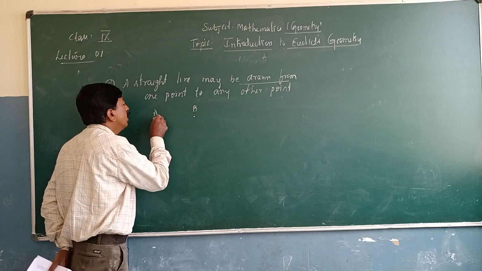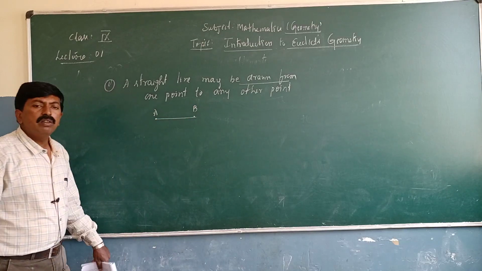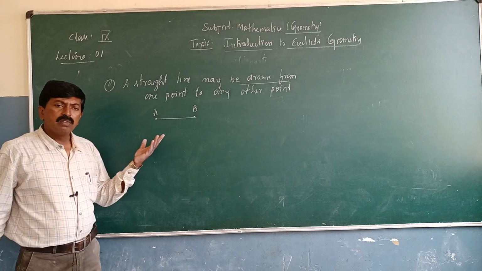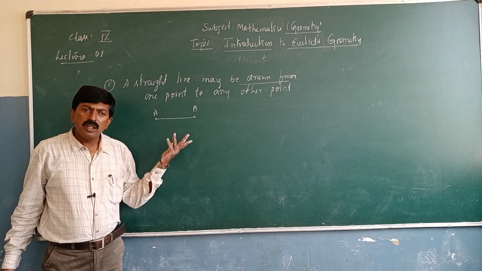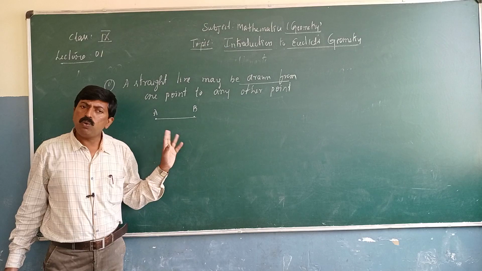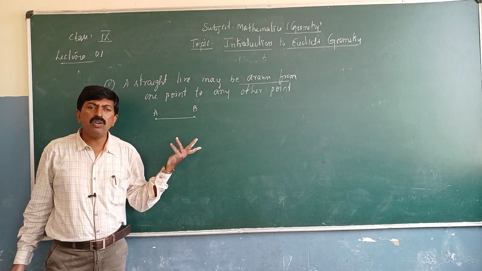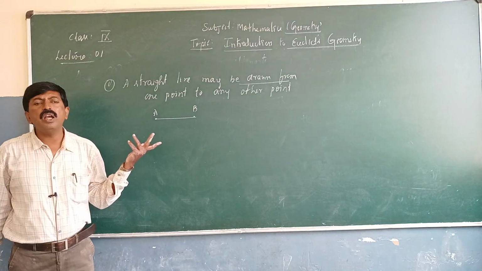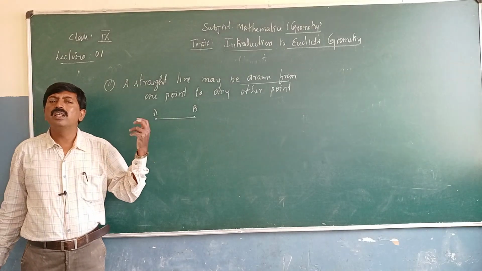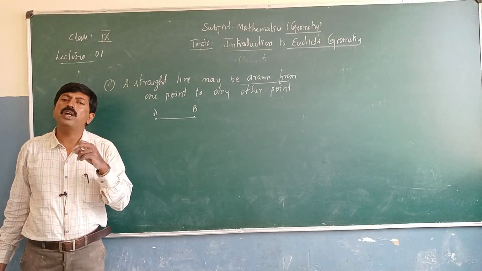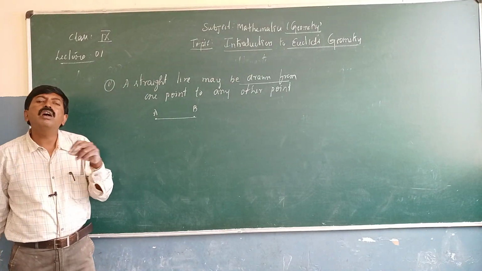Here is a point P. For this, discussion and proof are not necessary. We know that any two points joined give a line, called a straight line, and all collinear points lie on that line.